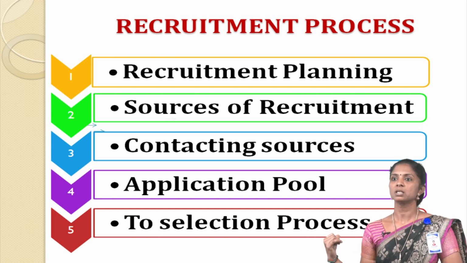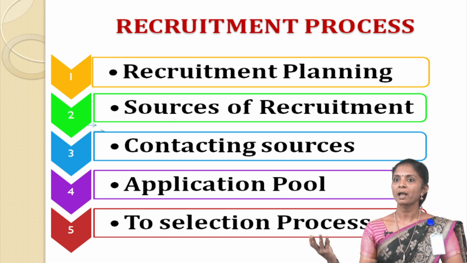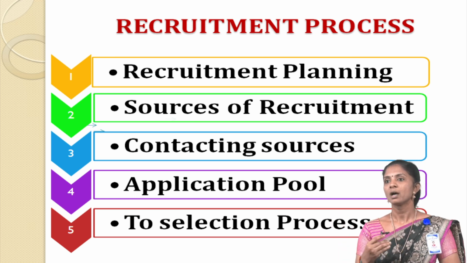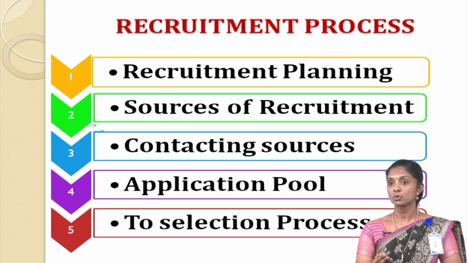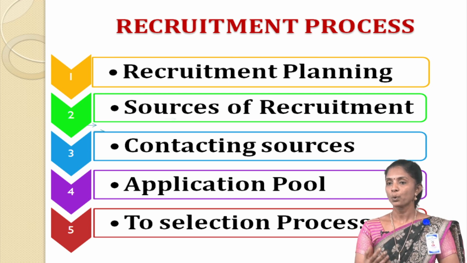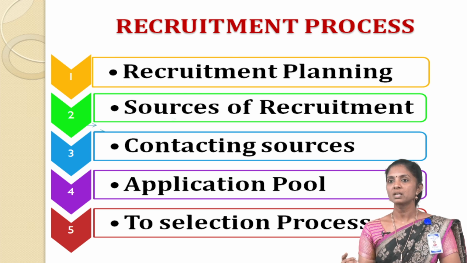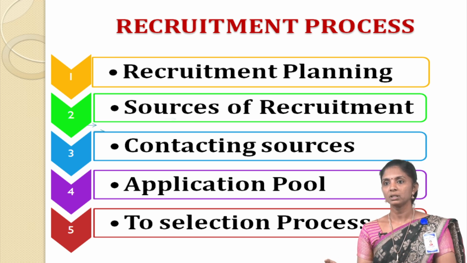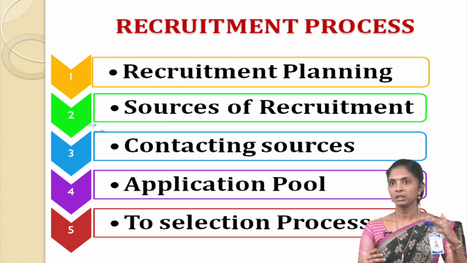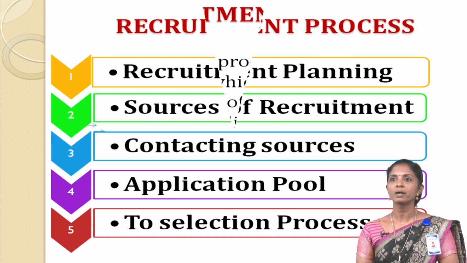This process includes recruitment planning, identification of recruitment sources, contacting those sources and receiving applications from candidates. These applications are then passed on to the selection process. So I will explain the process of recruitment one by one.